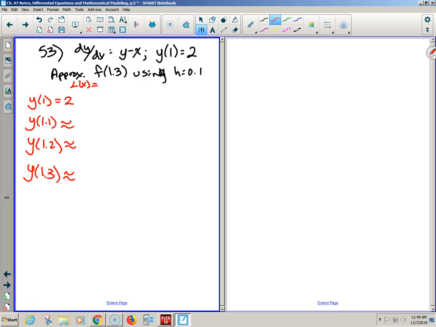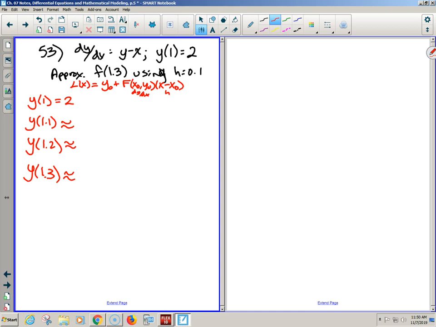Linearization, I just need a y, right? A y1 plus dy dx, which is going to be like the big F of whatever I have, times x minus x naught. Remember how this guy is just my h, this guy is just my differential equation, right? And that guy is just my y.